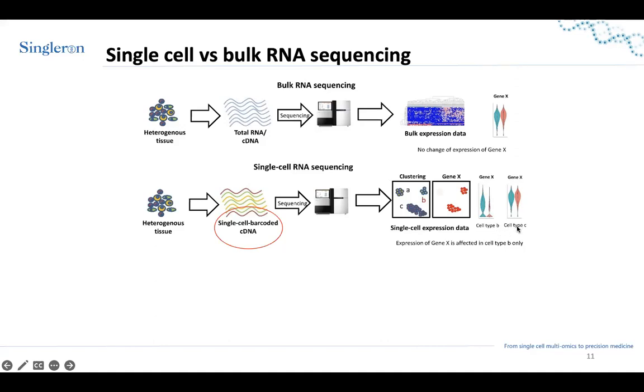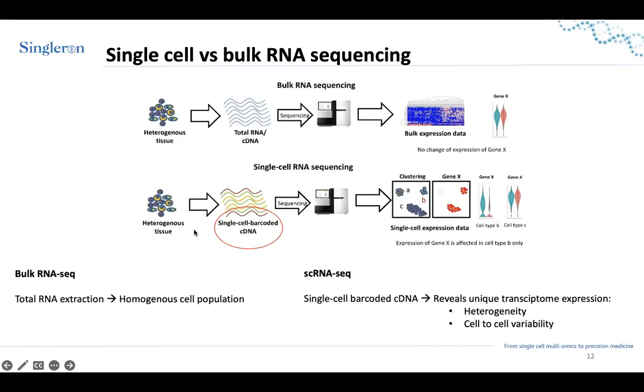So if the number of cell type C is much, much higher than cell type B, then obviously in the bulk analysis, you will mainly see the cell type C contribution. So you will lose this information. Therefore, it is very important in this case to use single cell technology to understand whether there is a particular cell population that is modified, that is affected in different conditions, in different samples. So this is the idea of single cell sequencing.